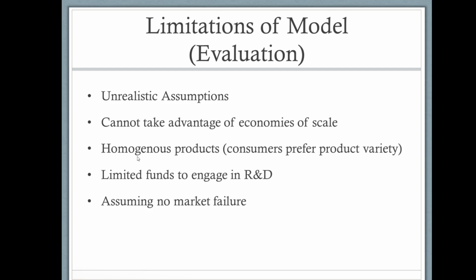Because we are all selling homogeneous products, the same product. And consumers in general prefer product variety, right? We don't always want to buy the same thing. But in this market, we are all selling the same product. They're the same, and at the end, consumers don't like it.